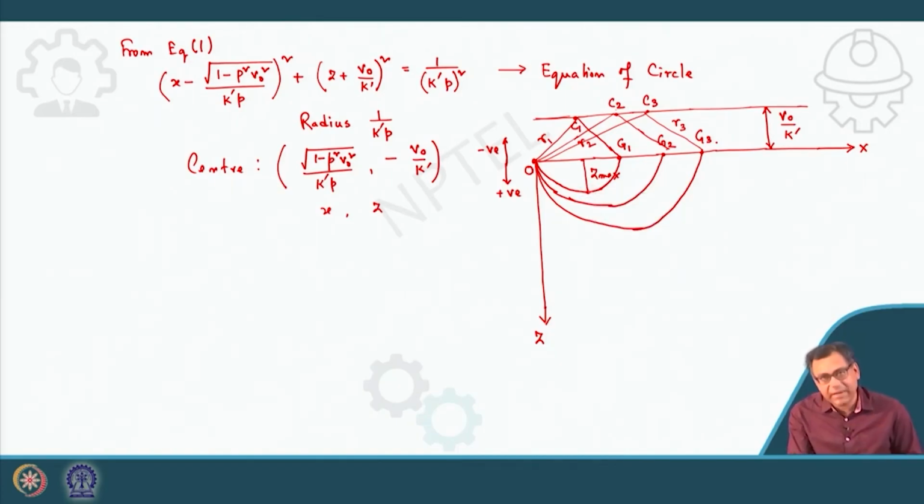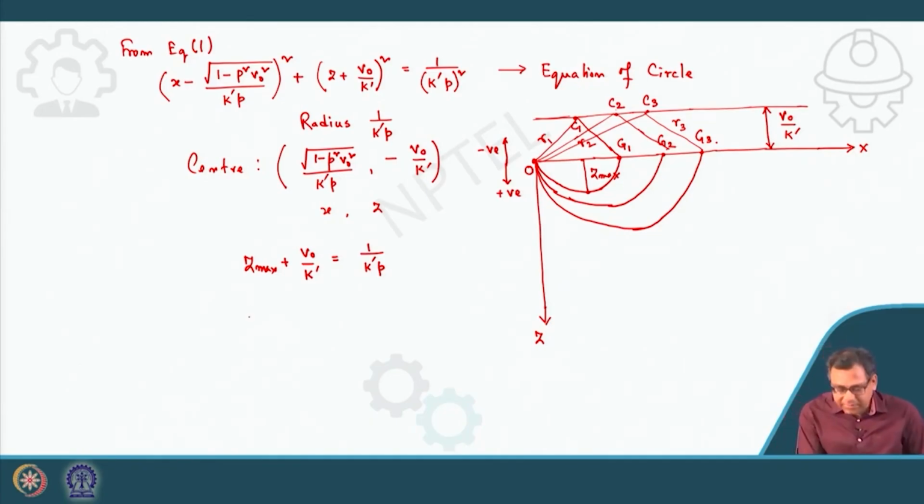Here the velocity will be Vmax, and then it will go up and reach geophone 1, and similarly for 2, similarly for 3. So I can write that the center to this distance will be Z max plus V0 by k dash, that will be equal to the radius of the circle. That will be equal to the radius of the circle, which is k dash p.